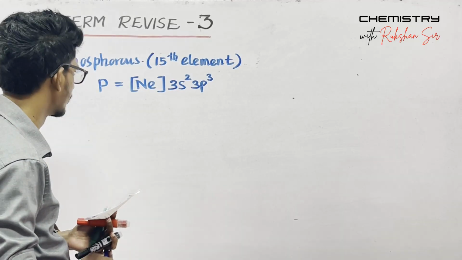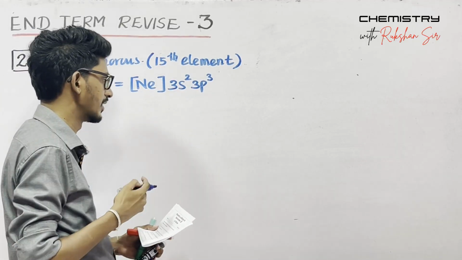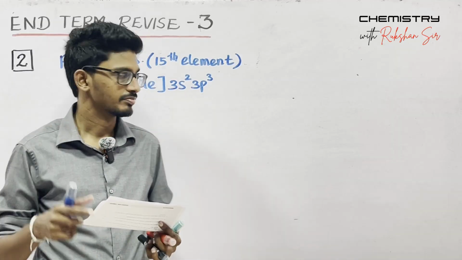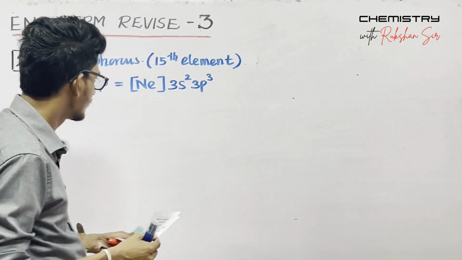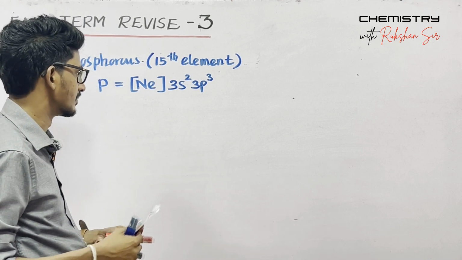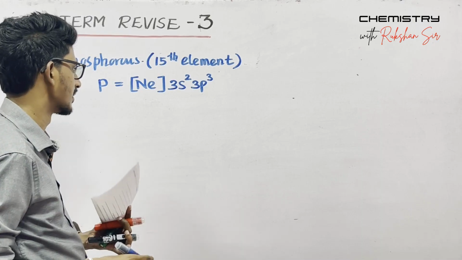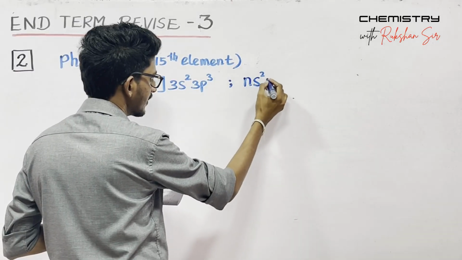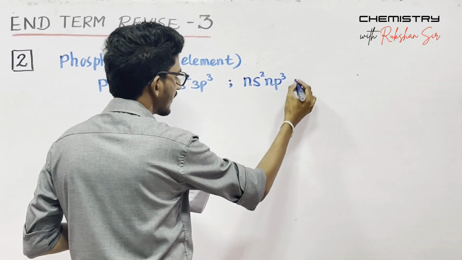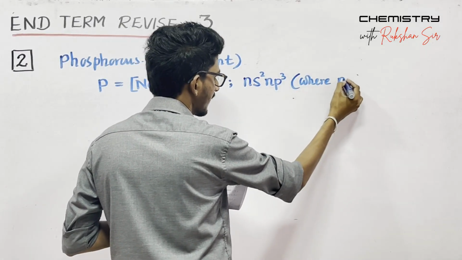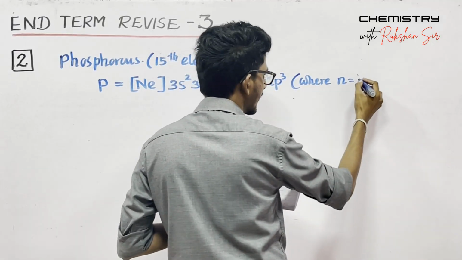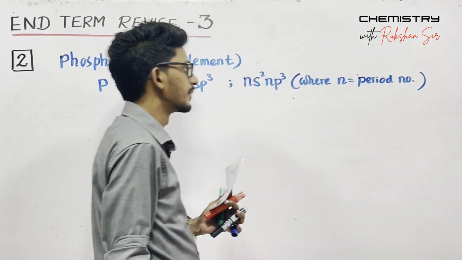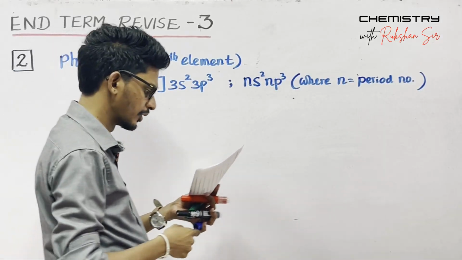Here n is the row, your period number. So we can write ns2np3, where n equals the period number, right? Okay, the first part is okay.